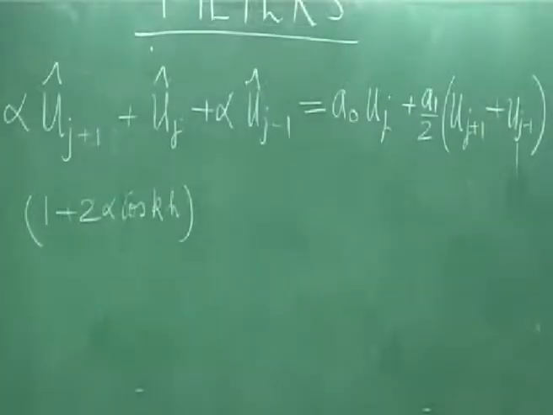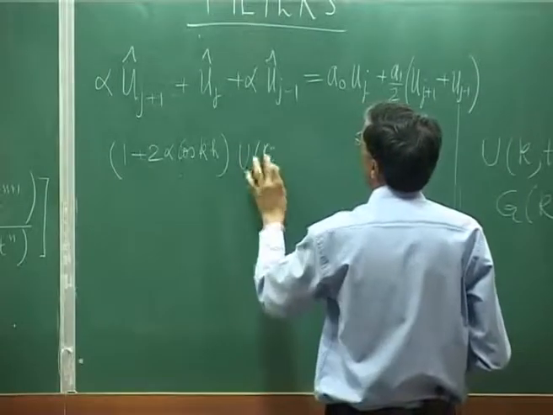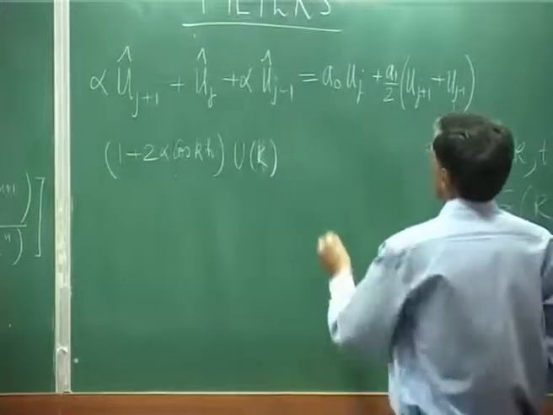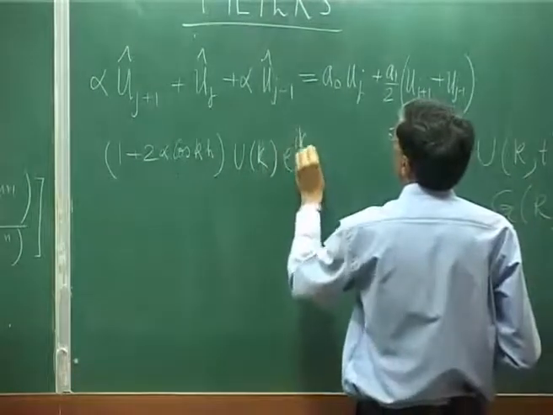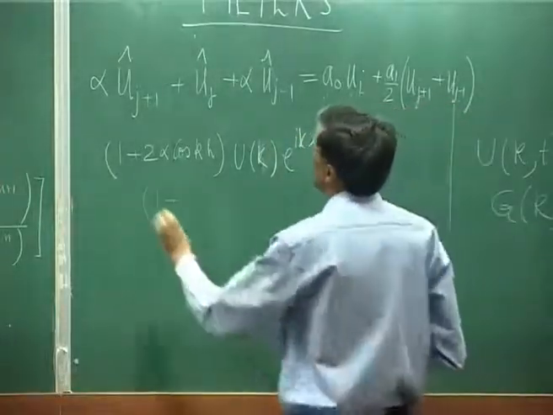That we need to do, and we would have u of k e to the power I k x j. That is what we are doing.